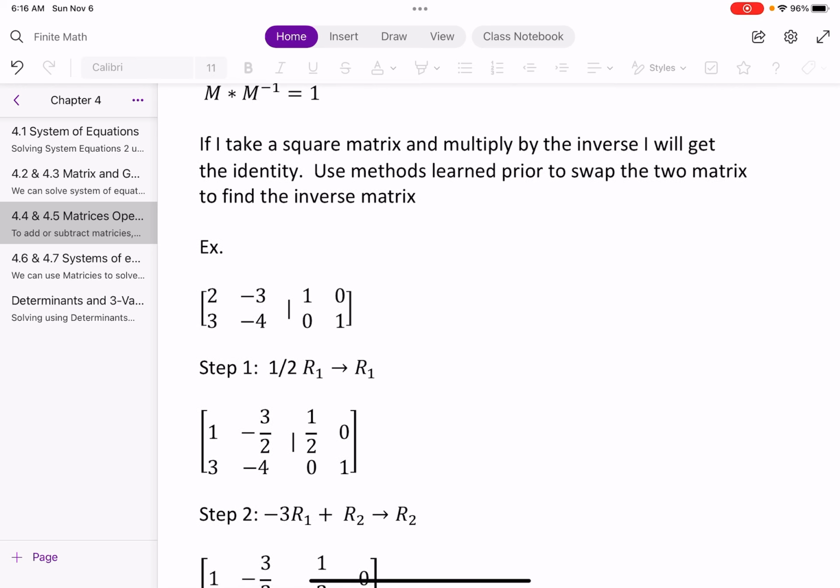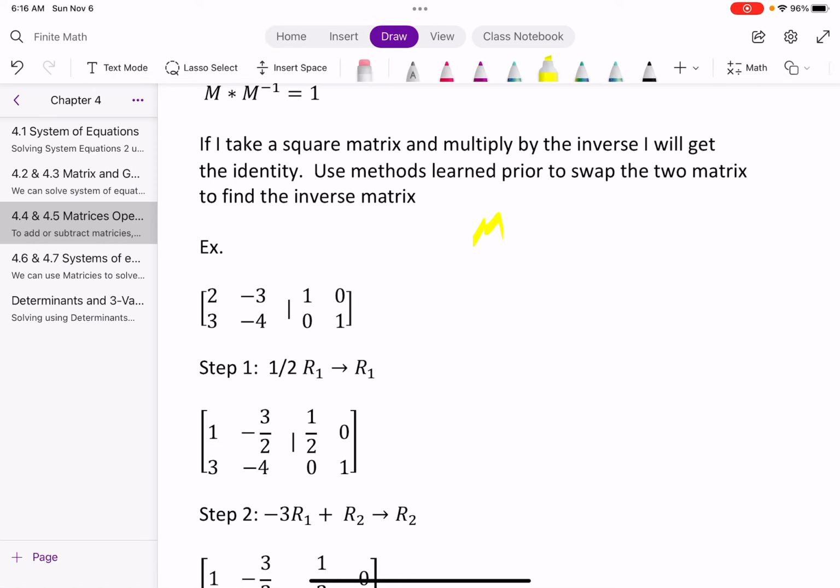So for example, if I have M equals the matrix 2, 3, negative 3, negative 4, and then I multiply it by an identity, I will get my inverse.